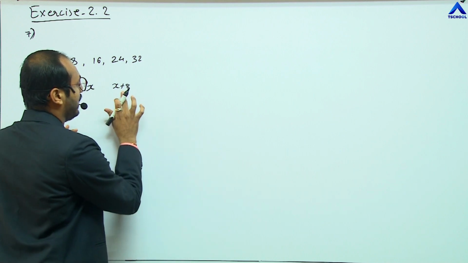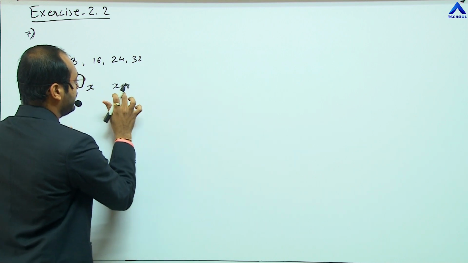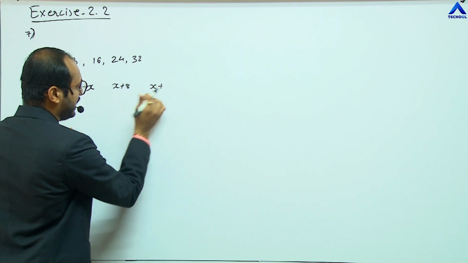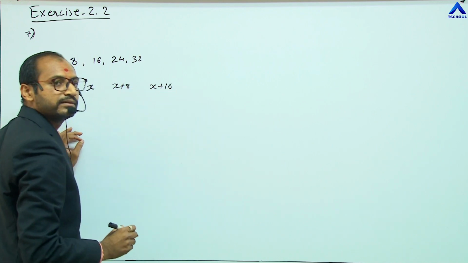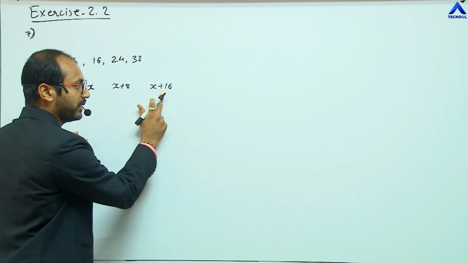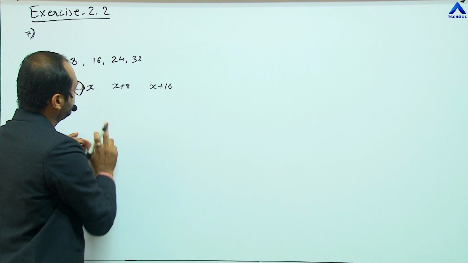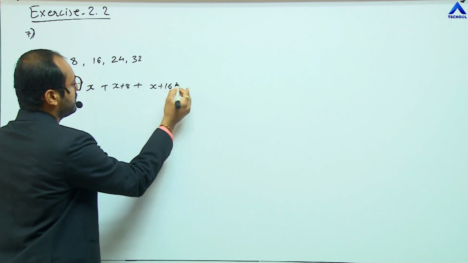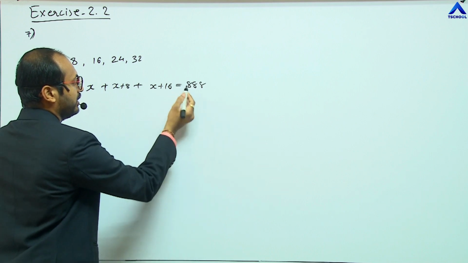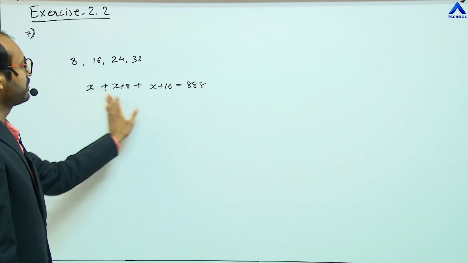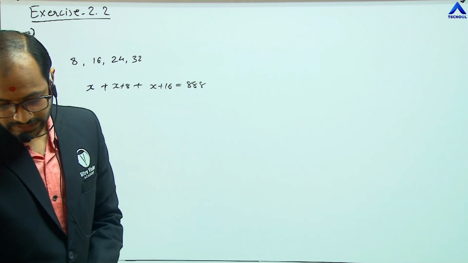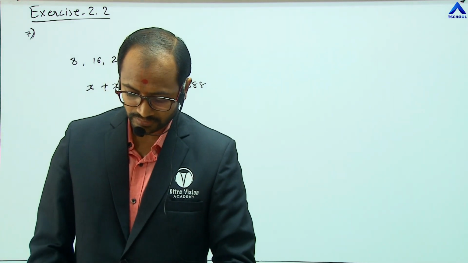Then we have to add 8 again. That means x plus 8 plus 8, that means x plus 16. Clear? So this is the third consecutive multiple of 8. And the addition of these is 88. Clear? So this is also an equation. By solving this, we get the answer. Now let me move on.